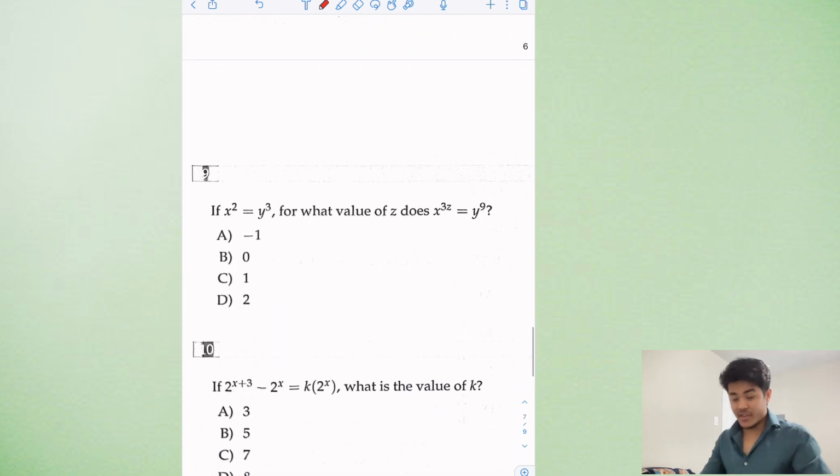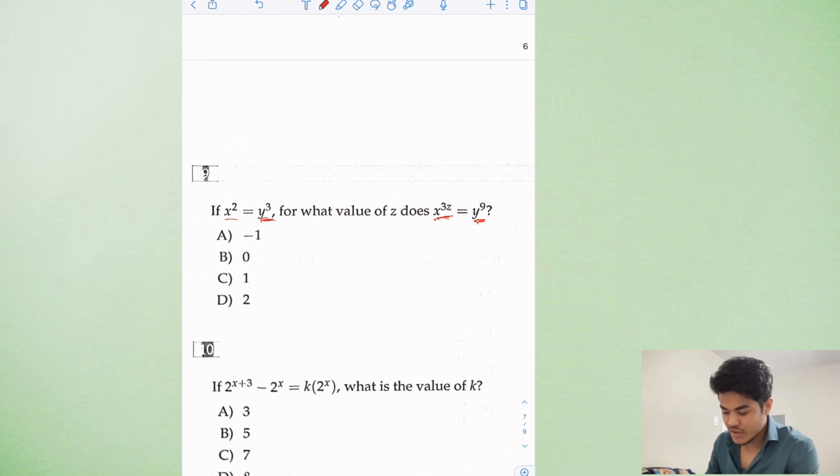Question number 9. If x squared is equal to y cubed, for what value of j does x raised to 3j equal y raised to 9? In question number 9, we have this equation and this equation, and based on that information, we have to find the value of j. As we can see right here is y raised to 9, and here is y raised to 3.